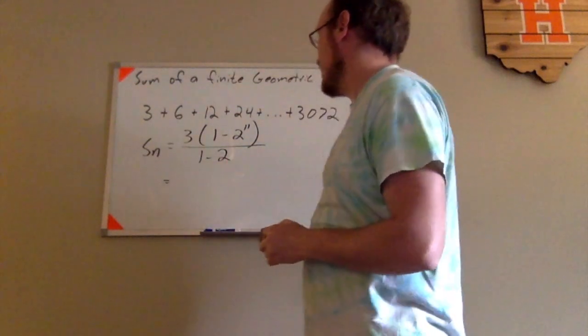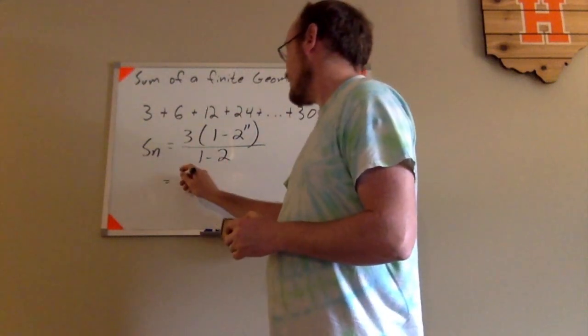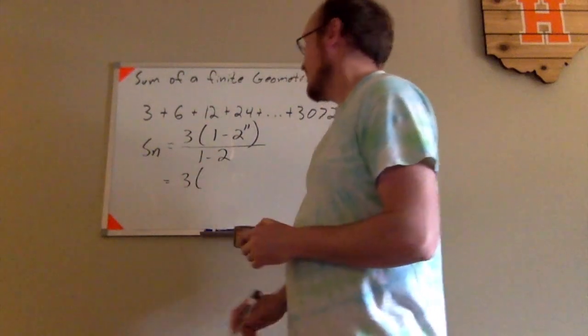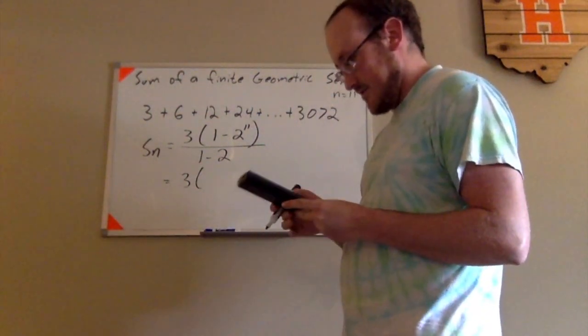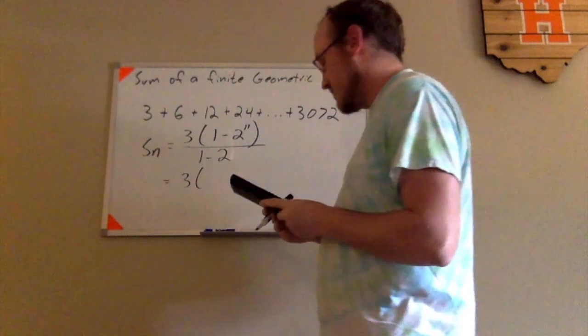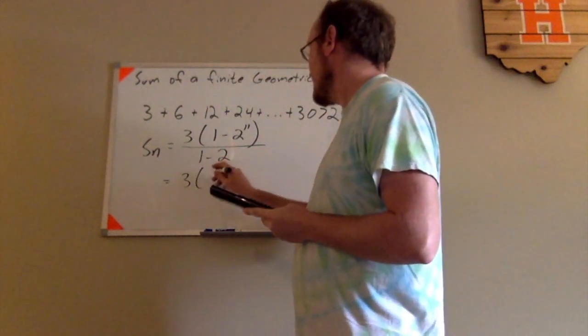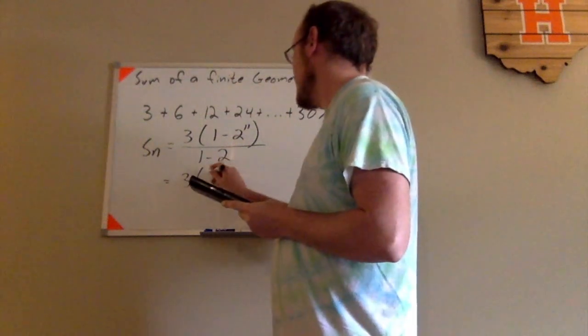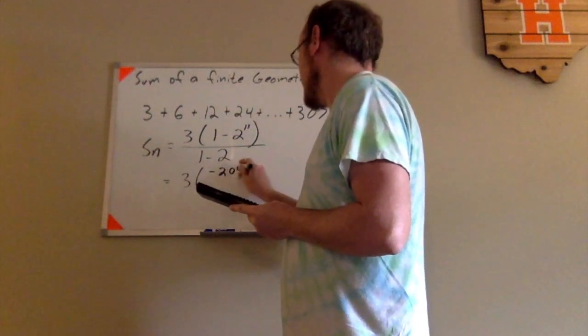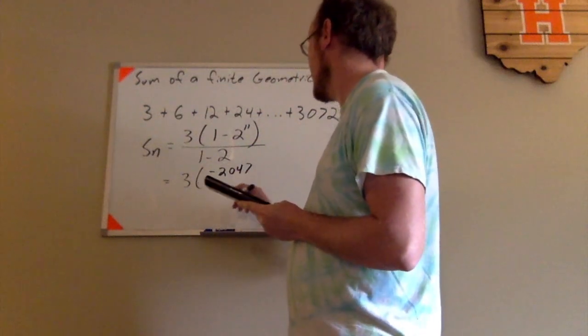So now we go ahead and we work to simplify this. I have 3 times 1 minus 2 to the 11th power. 2 to the 11th power is 2048. So I have 1 minus 2048, which should be negative 2047 on the top there.